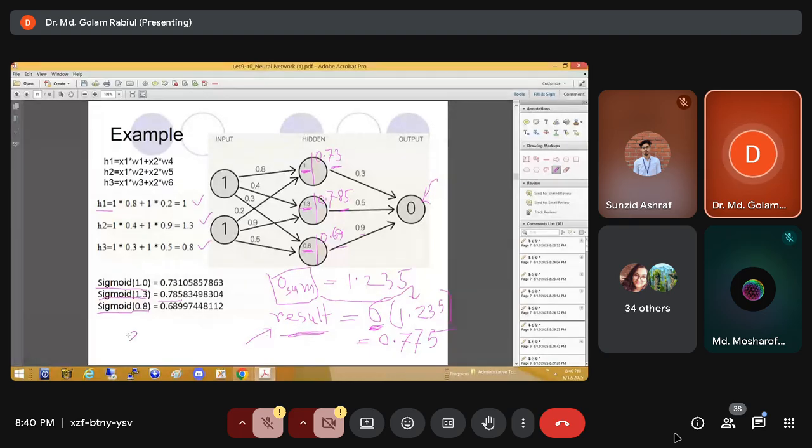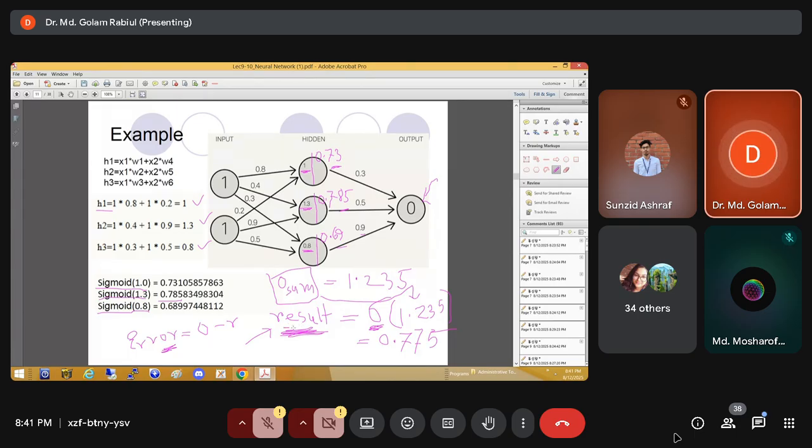And for the error, we calculate the original value minus the predicted result. So if we can change the result, the error will also change.